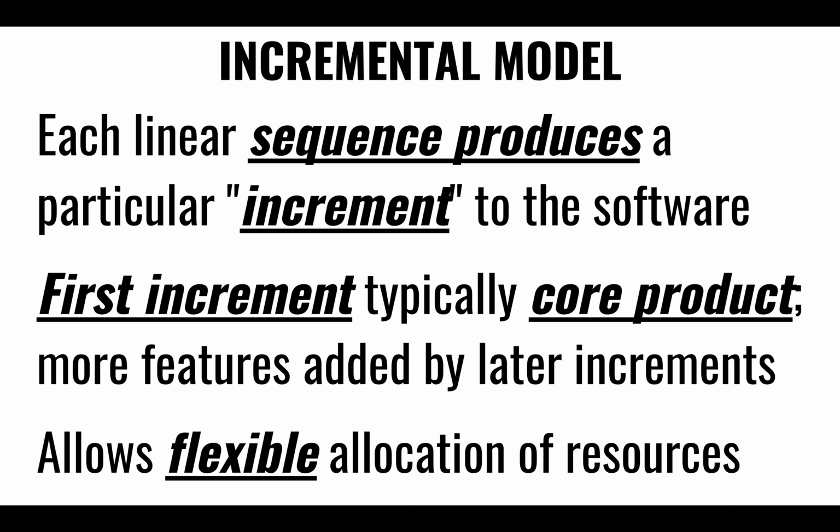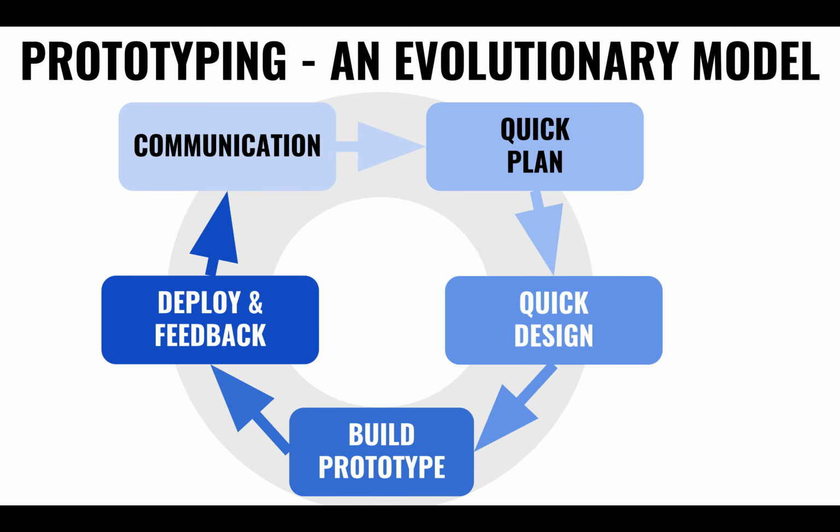So in the incremental model, the first increment might provide an MVP product where you might have the core functionality of the application and then add new features over time. You apply this over and over, and at the end of each iteration, it provides an incremental value to the product.